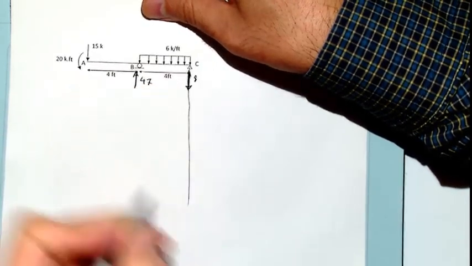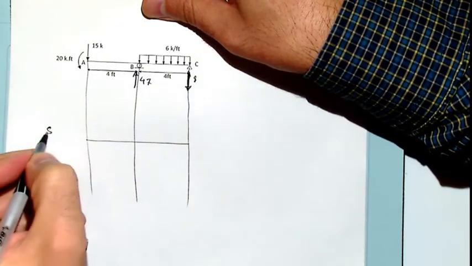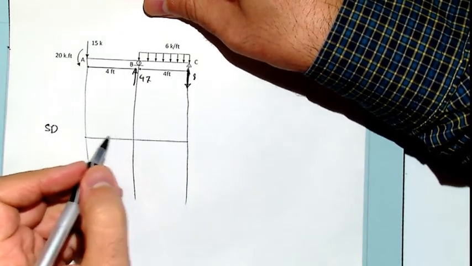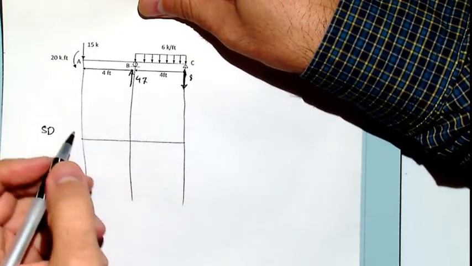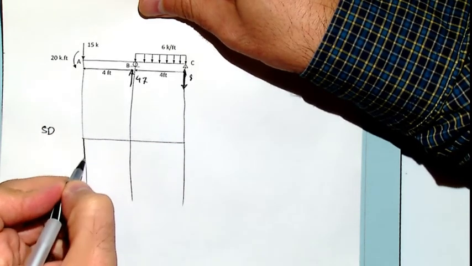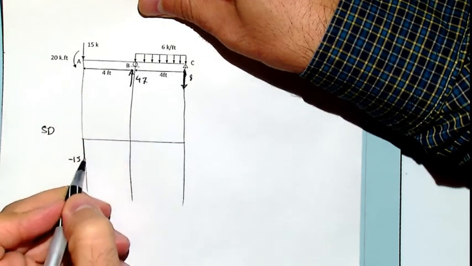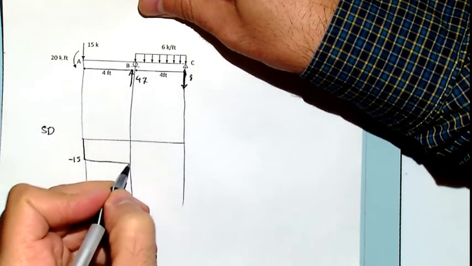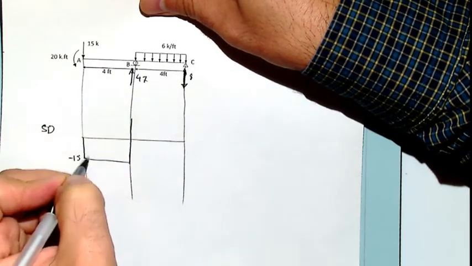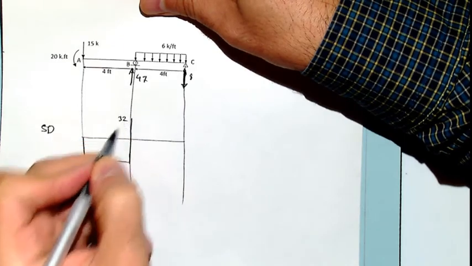So we follow the same previous procedure, the shear diagram, and we're going to start from point A downward, so we go down 15 because of this concentrated load, no load in between, then 47 in the up direction, minus 14 added to 47 gives 32.